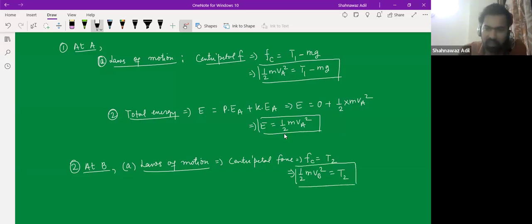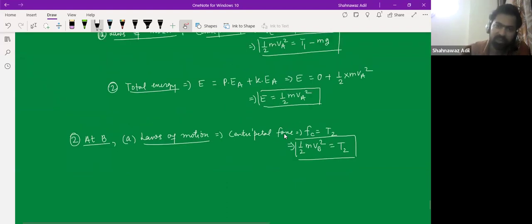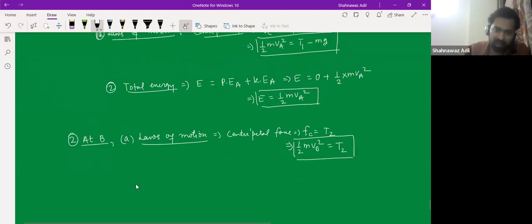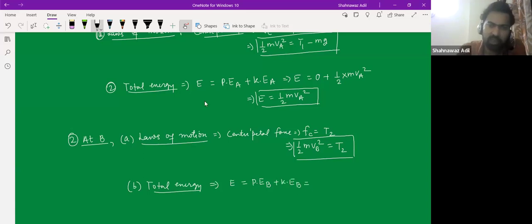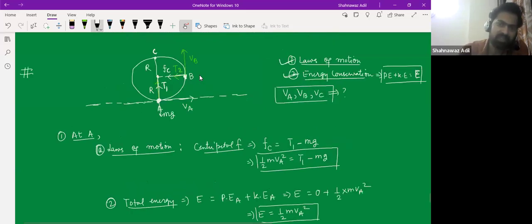Also, I have total energy, that is E. So E is potential energy at B plus kinetic energy at B. What is the potential energy? mgh, and what is the height?